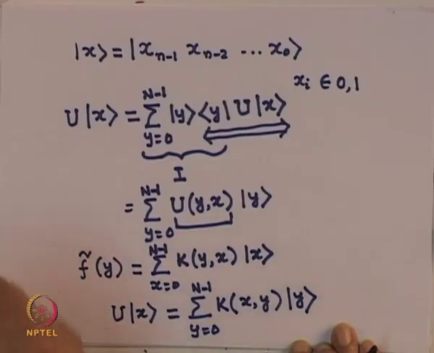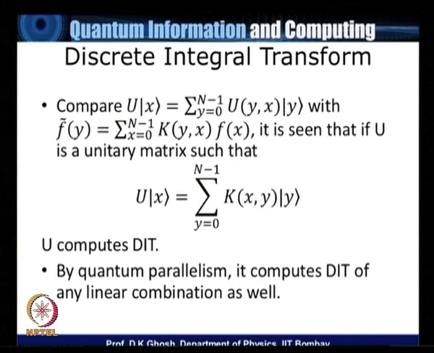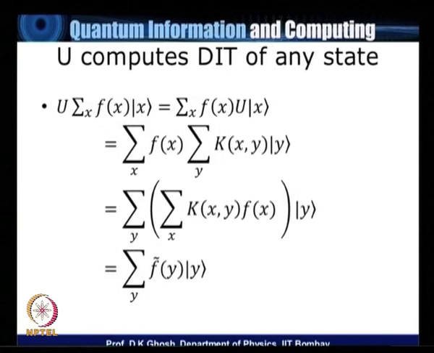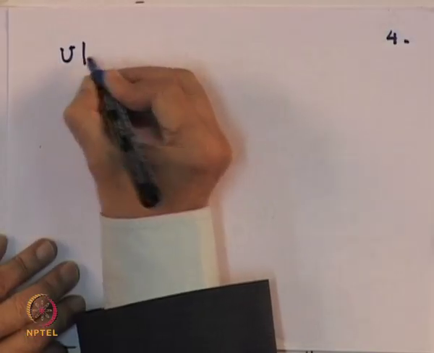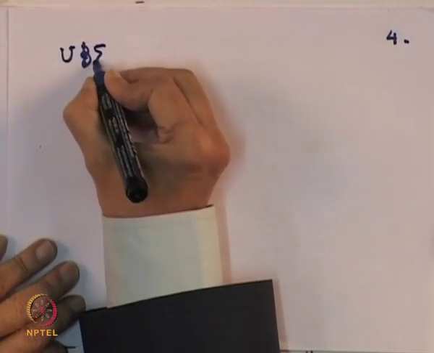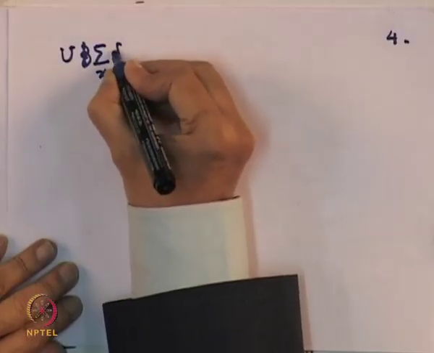The advantage that we have now is that because we follow linear algebra and because of quantum parallelism, the DIT of any function or any linear combination can be computed in one go. And to look at how it does that, U acting on the sum over x of f(x) x.